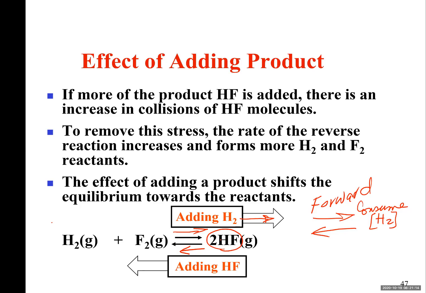That means HF is going to break down to make F2, and it will make more H2. So if we increase the H2, equilibrium is not going to increase the H2. It will do something to decrease the H2. The only thing equilibrium can do is change the direction, shift, left to right or right to left. Obviously, left to right is going to consume H2.